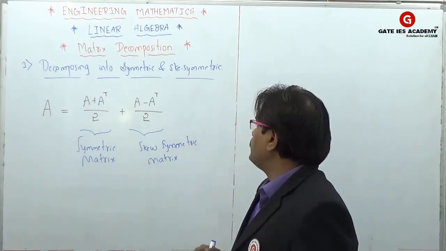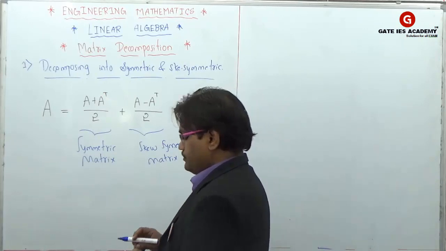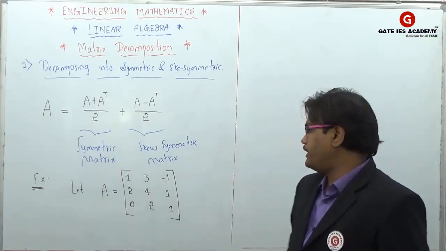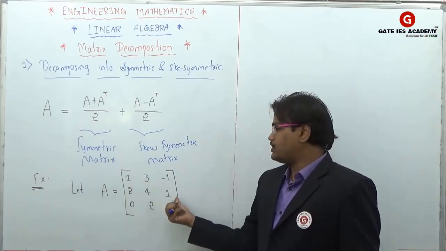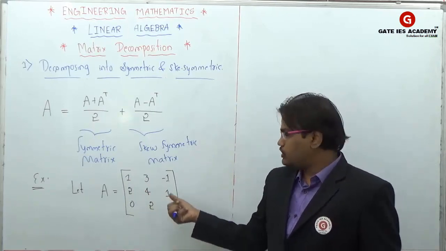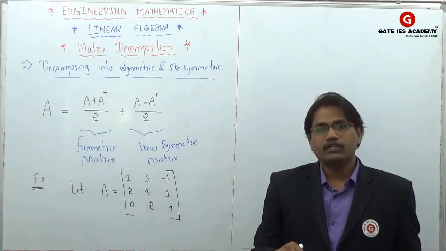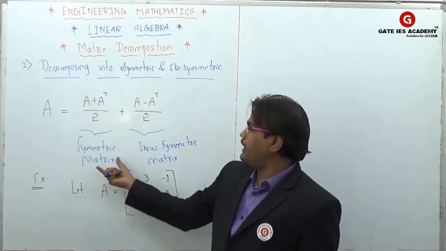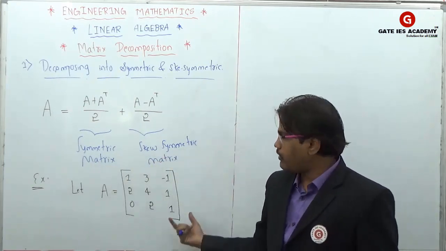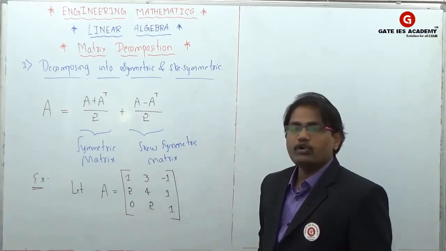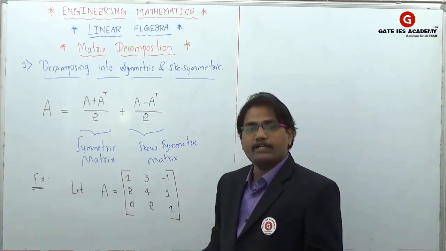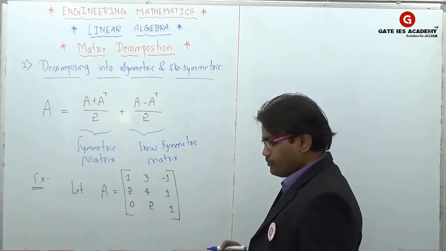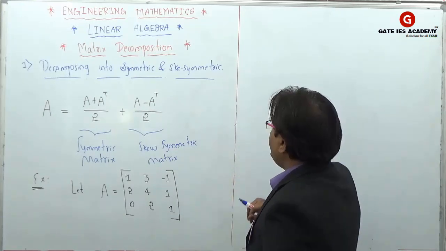For example, let me take a matrix 1, 3, minus 1; 2, 4, 1; 0, 2, 1. If I want to write the symmetric and skew symmetric forms of this matrix, we need A plus A transpose by 2. What is the A transpose here?